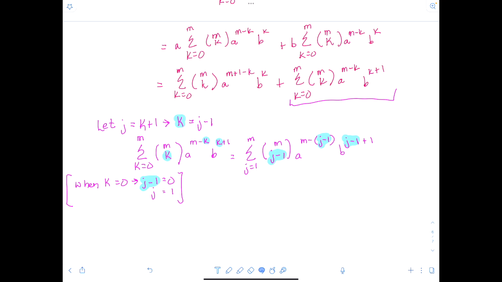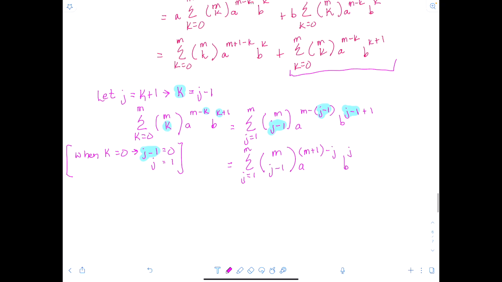Okay, so this in turn will be equal to the summation as j goes from 1 to m of m choose j minus 1. This will be a, I'm going to switch it around because we want m plus 1s, remember, a to the m plus 1 minus j, and then b to the j minus 1 plus 1 is just b to the j. Now, j was just a dummy variable, right?